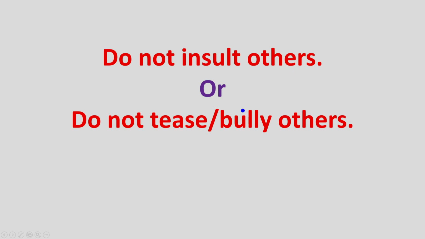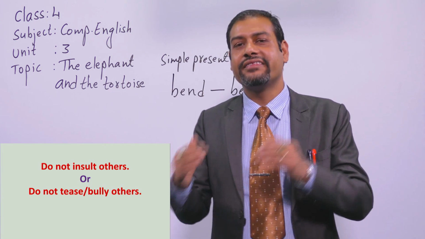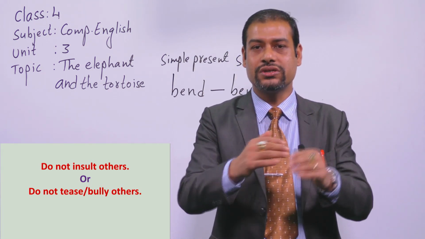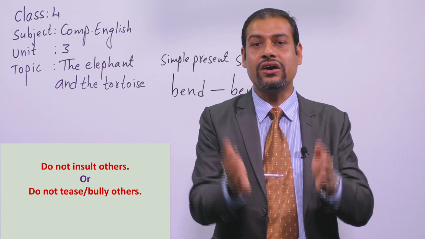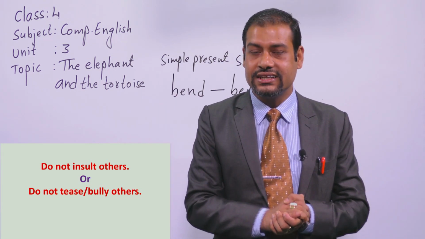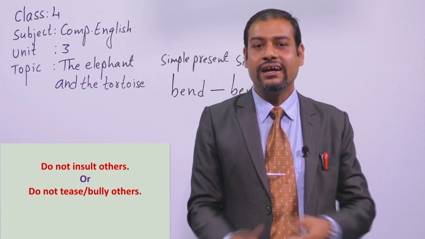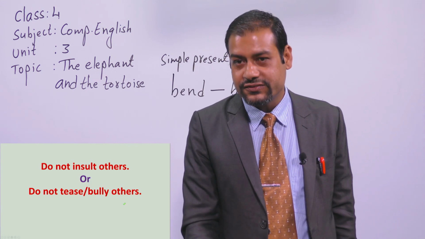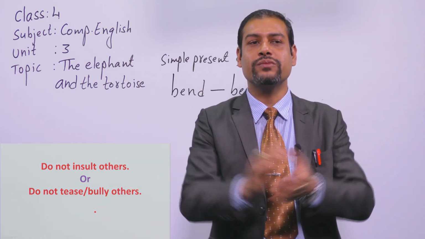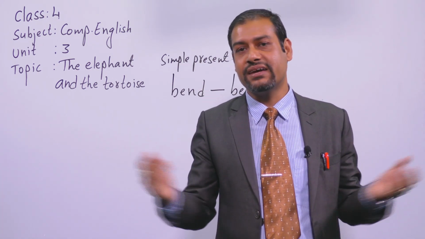It means, see, the elephant was big and the tortoise was very small, and the elephant thought that the tortoise could not jump over it. That's why he called him short legs. It means the elephant was insulting the tortoise. Or you can say, do not tease or bully others. For example, in your classroom, some of your friends might call you by a nickname.